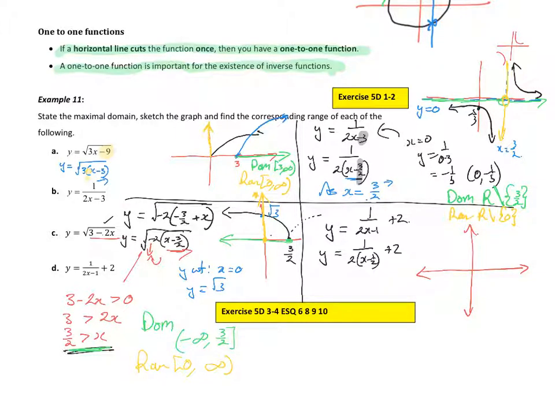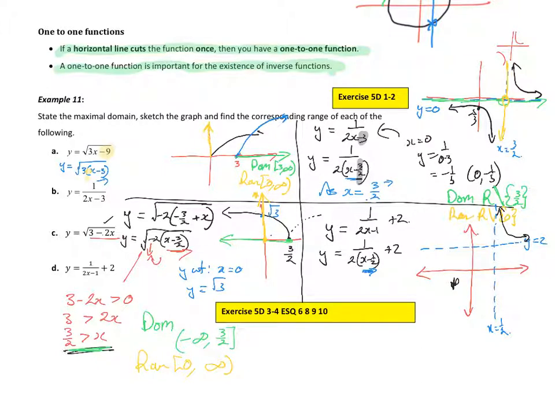Plus 2 means everything's moved up 2 units, so we've got y equal to 2. And the minus a half means it's moved to the right half a unit, so x equals a half. So I've got our asymptotes in there. There's no negative signs anywhere, so I know the graph fits in that corner there, and it fits in here somewhere, I guess, in this section.